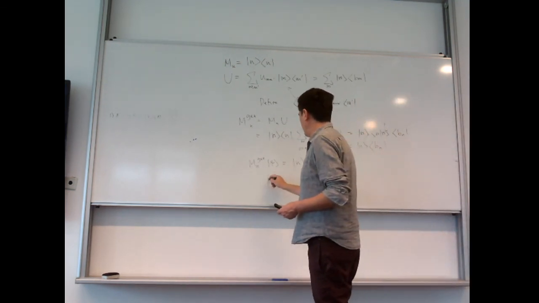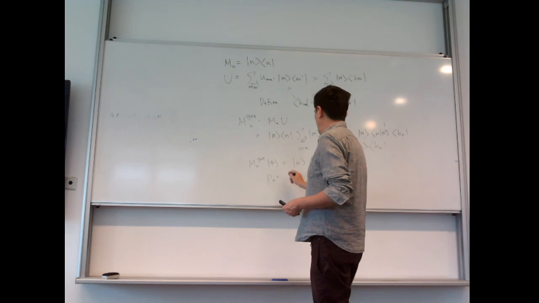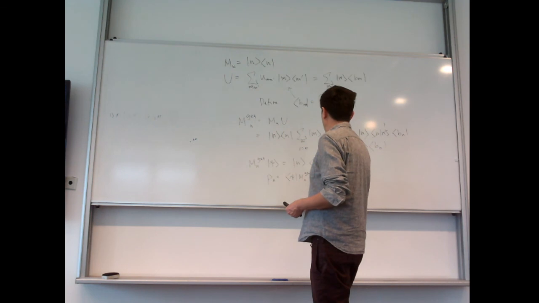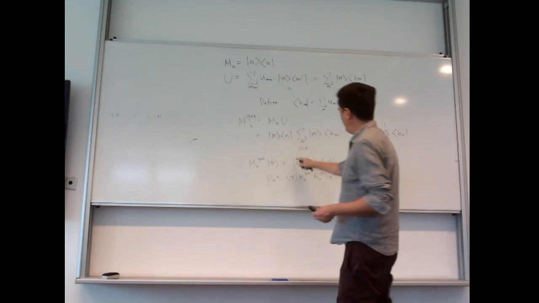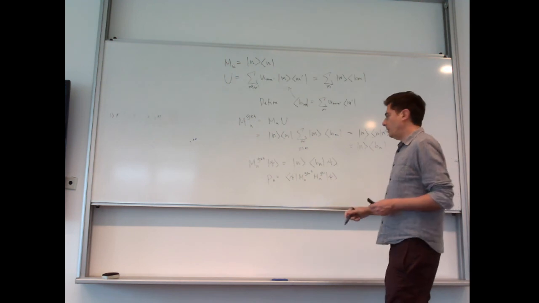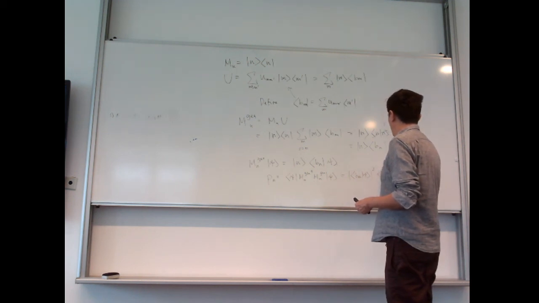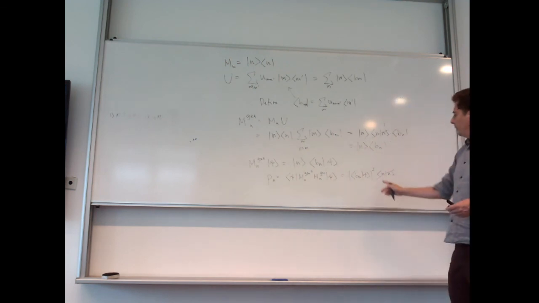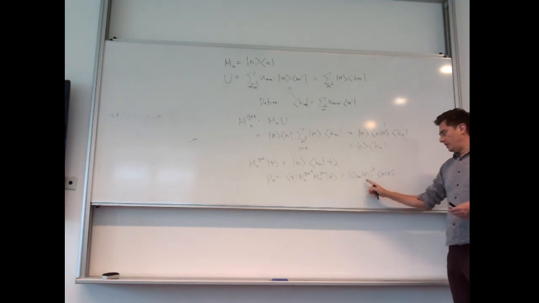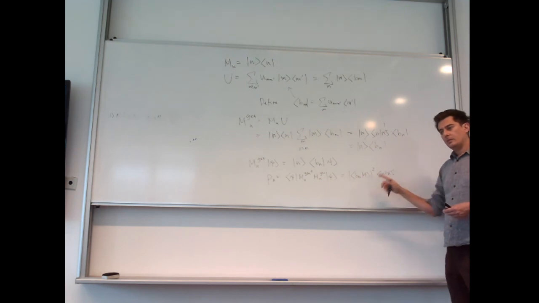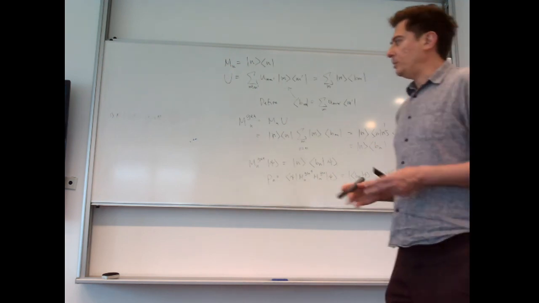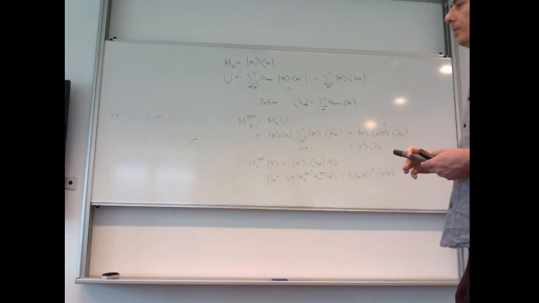If we want to work out the probability of this, it's basically this thing multiplied by the conjugate vector. So the probability is the state psi times this basis, squared. That's the general kind of proof.